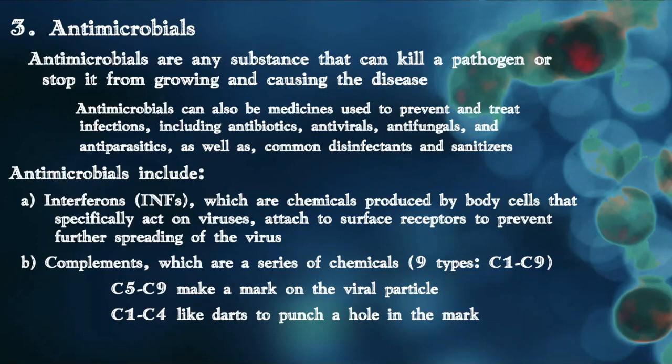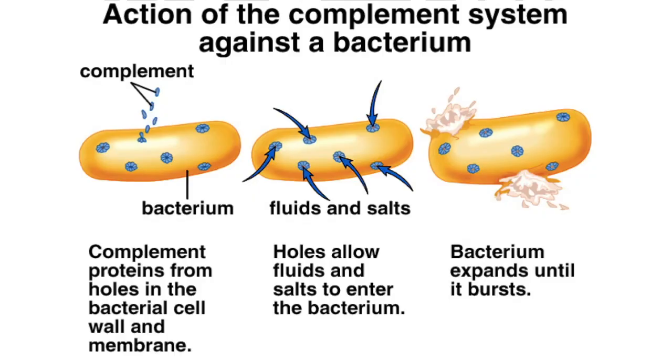So the C5 through C9 are the ones that mark the virus, while the C1 through C4 are the darts that punch the hole in the mark that was set by the C5 through 9 complements. You can also see the complements here as they attack and as they punch holes and they fill the virus. The virus will then expand and burst.